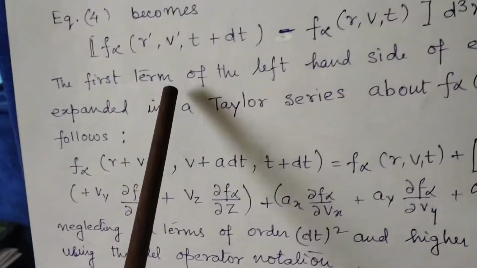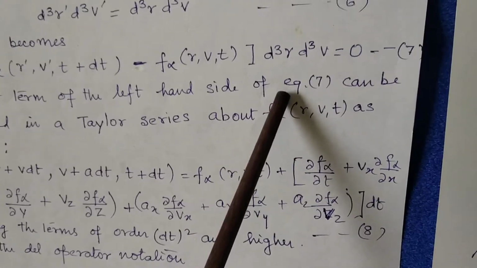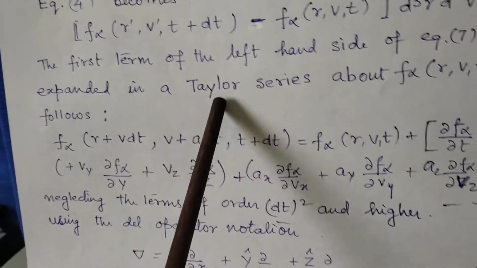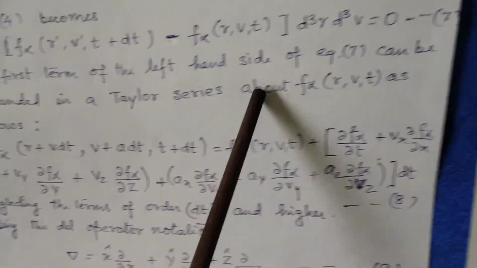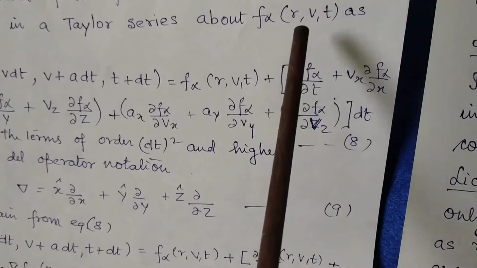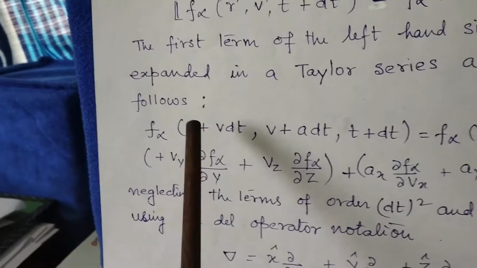Now the first term of the left hand side of equation 7 can be expanded in a Taylor series about f_α(r, v, t) as follows.